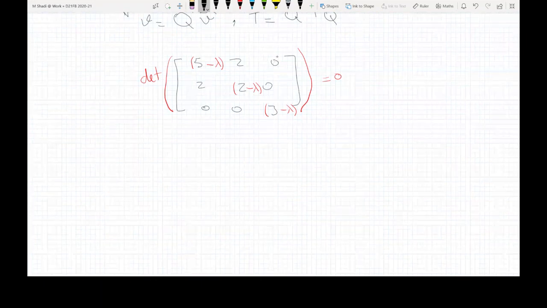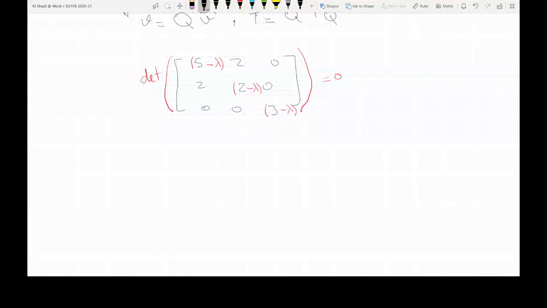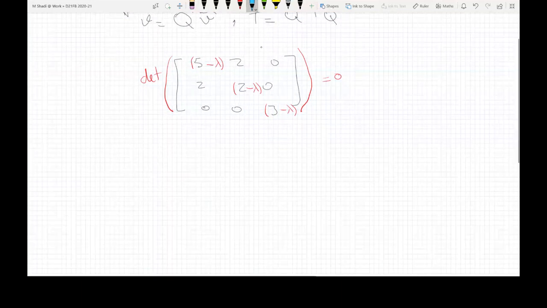I don't know if you are familiar with finding determinants. I probably just mentioned that as well. First of all, you expand according to a certain row or a certain column, for example this column here. Then you take the first entry to be positive, the second to be negative, the third to be positive, and you switch between positive and negative.